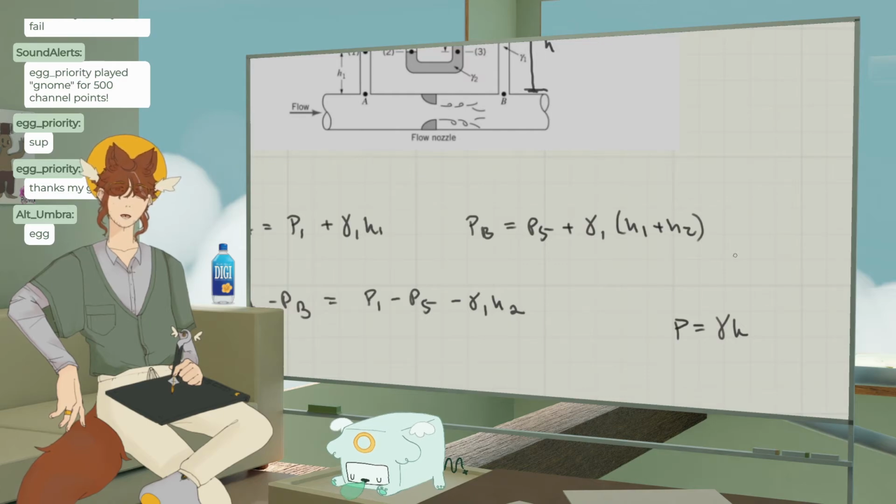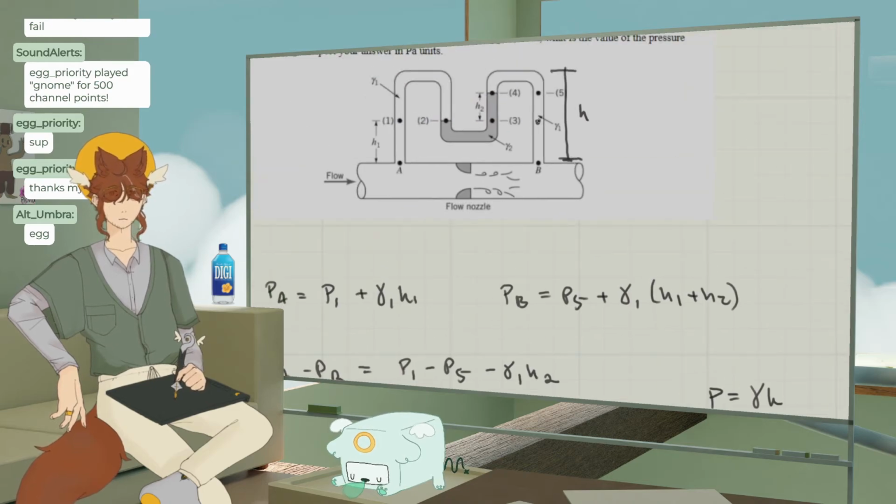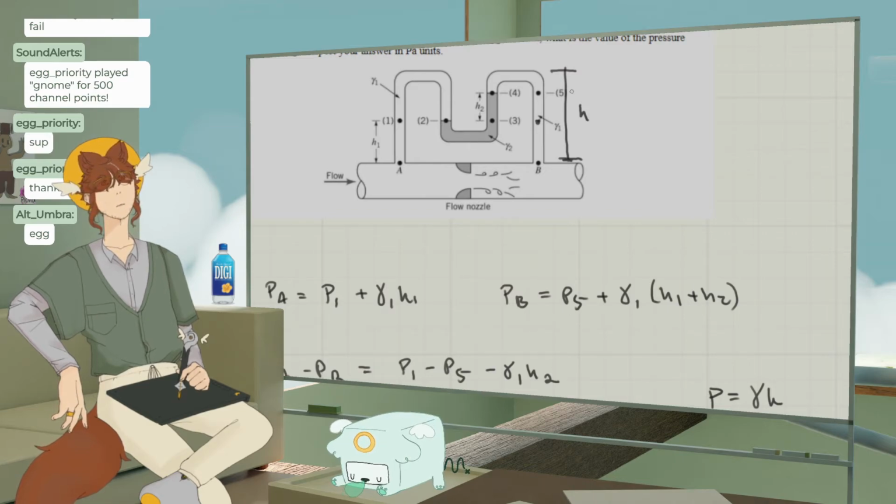In that case, it'd be the same here. And then this point would be, oh. Wait. It would be the same there, and then we would only have H1. Is that true?